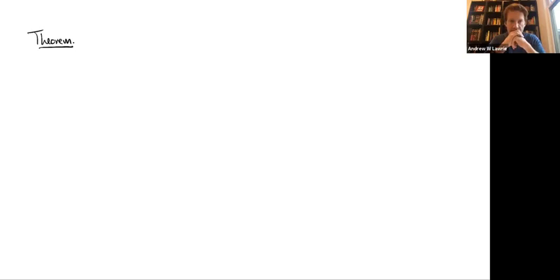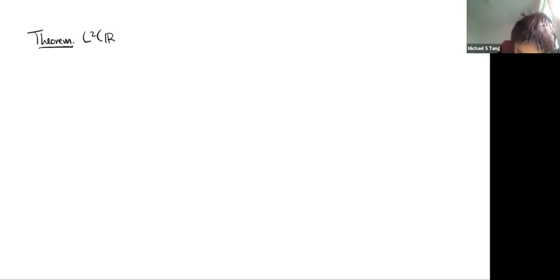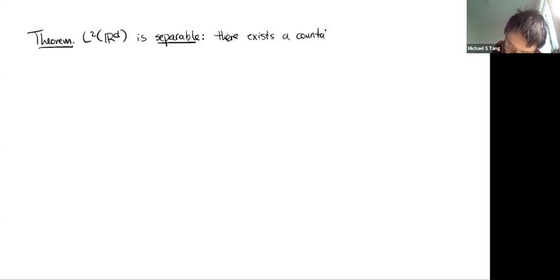So the theorem I want to prove is that the space L2 of R^d is separable. And separable in this case means the following. There are countably many elements of L2 whose span is dense in the entire space.